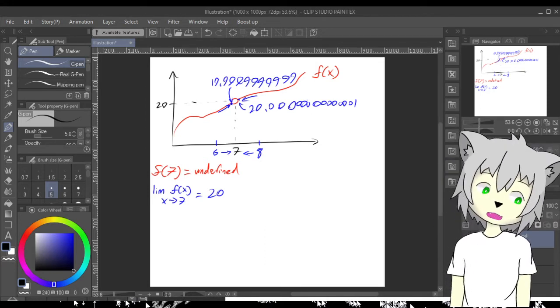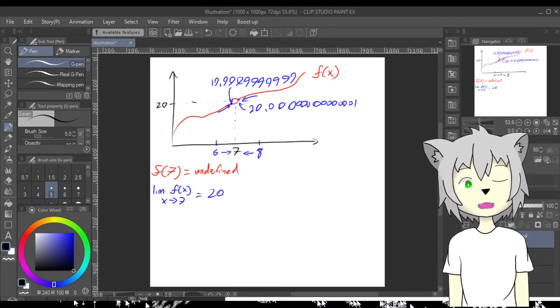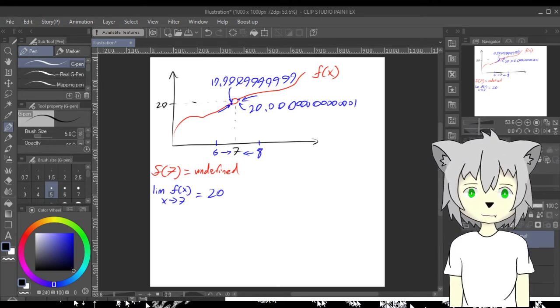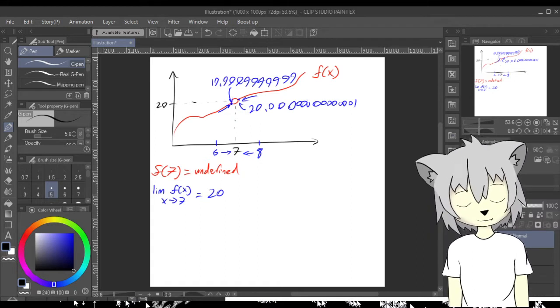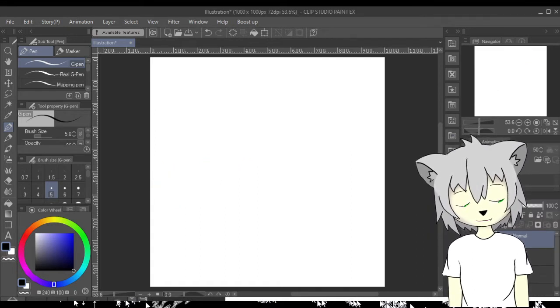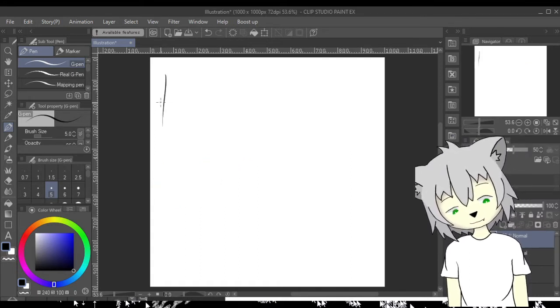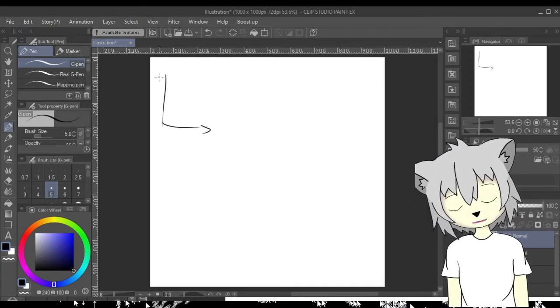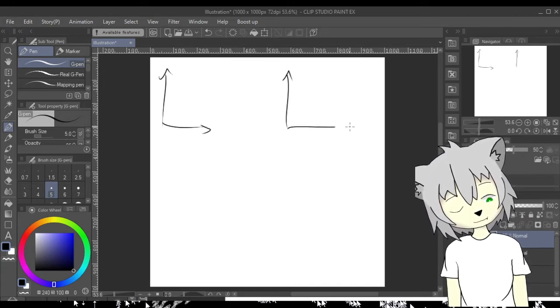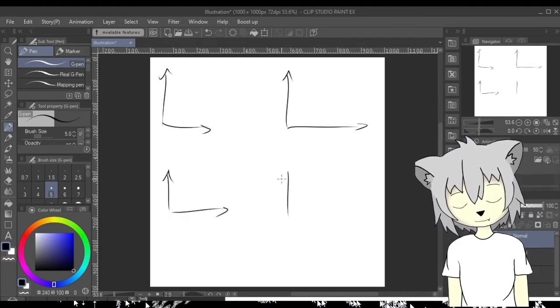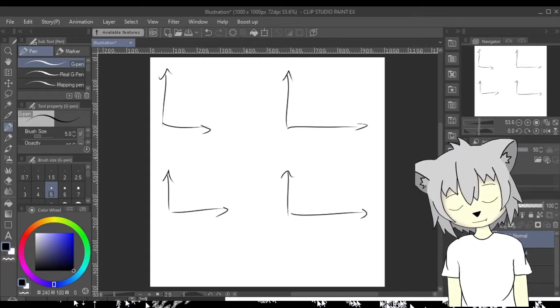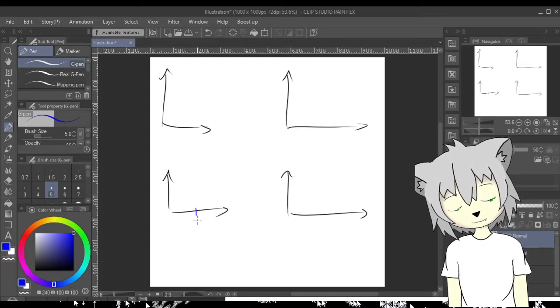Though there are special graphs that limits aren't defined as, but I'll just give practice graphs for you to figure out, but it's really simple. I'm gonna expect you guys to pause the video, or rather, don't even pause the video. You guys should literally be able to see exactly where the graph is going.